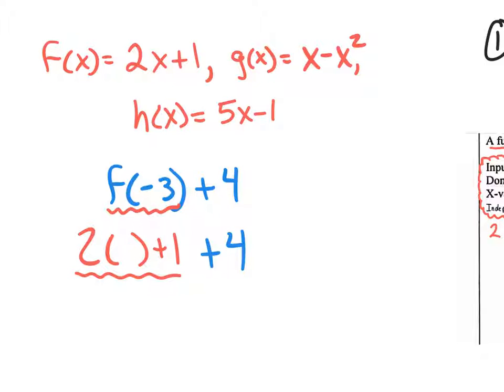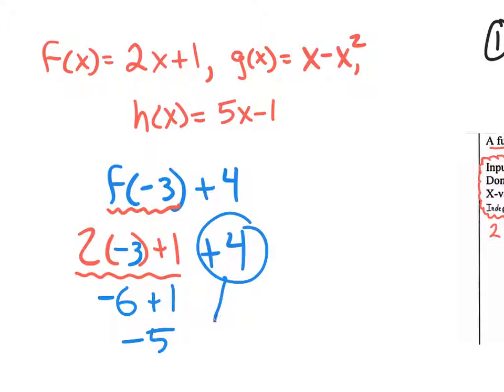The negative 3. So I'm going to put a negative 3 in there. And I'm going to do this math. 2 times negative 3 is negative 6. Negative 6 plus 1 is negative 5. And then I'm going to do the plus 4 that was at the very end, bring it down, and I'll be able to get my final answer of negative 1. Make sense?